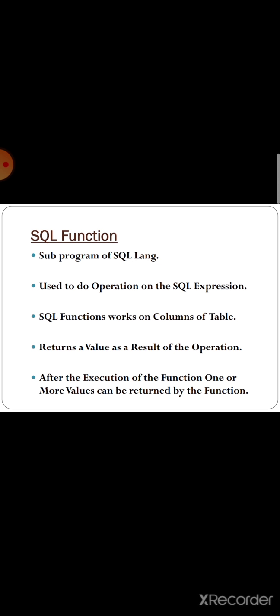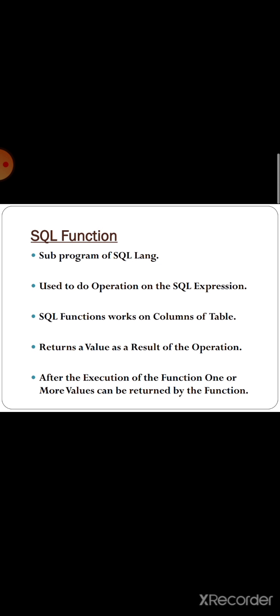These functions work on columns of a table because in the database every content will be stored as tables, isn't it? So now the SQL functions are going to work on the columns of a table. Table means it will contain rows and columns.